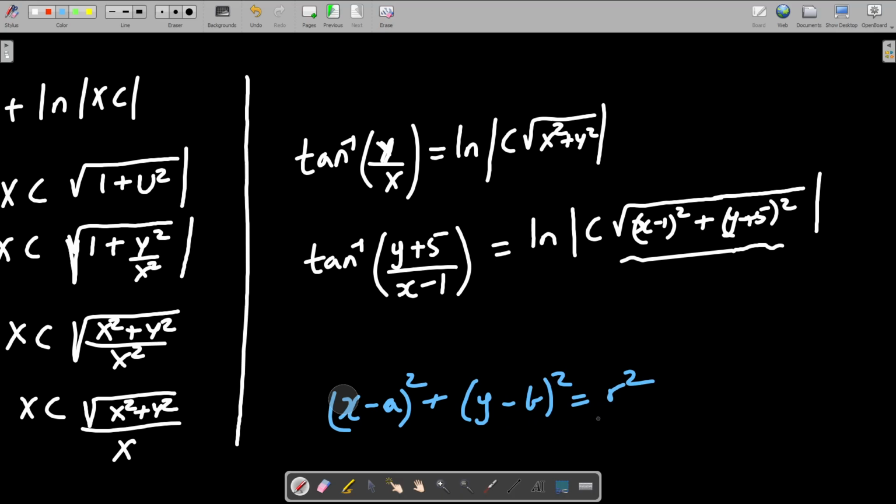This is a circle with radius r and center a comma b. So in this case the center is 1 comma minus 5, and some constant will be there. There is no equal to r square here, but it is indirectly going to be there. If you simplify this further, you'll get something. So this is the equation of one circle.